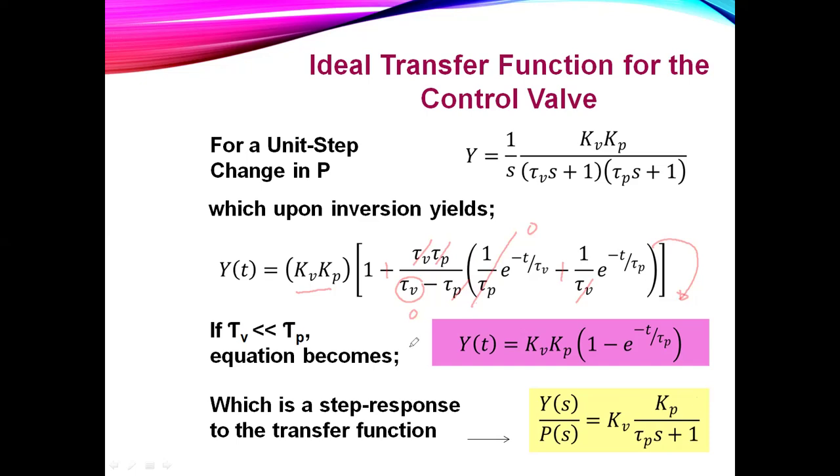If we don't simplify it using the assumption that the time constant for your control valve is very small compared to that of the process, then we'll stick to the original y of s for a step forcing function in P, and we stick to this original response equation. But if the problem says that you really have to stick to the original, then you can use the assumption and make use of this response equation.